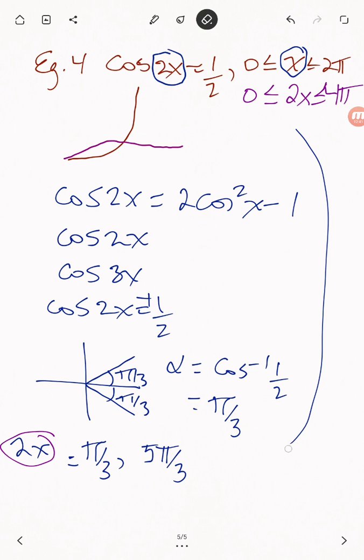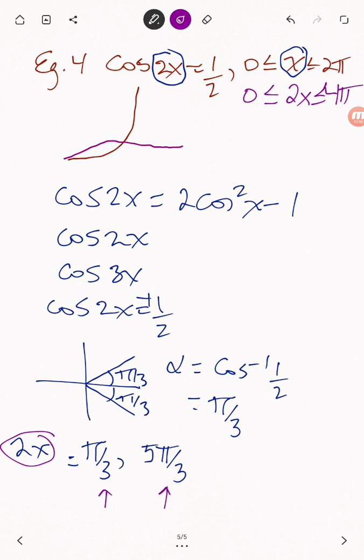What it does is it means that we need to keep going to find more answers. So we've got pi over 3 and we've got 5 pi over 3. What is the next coterminal angle to pi over 3?